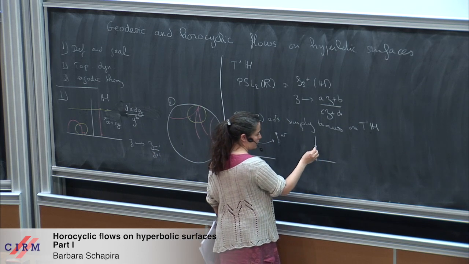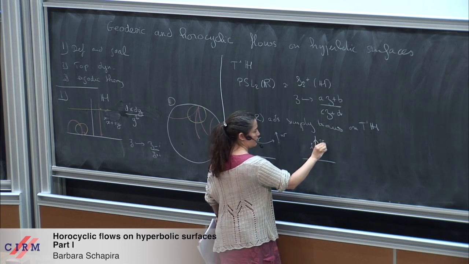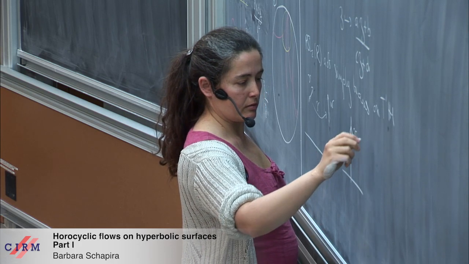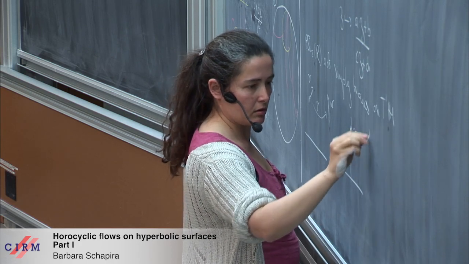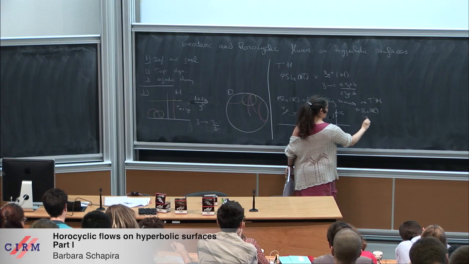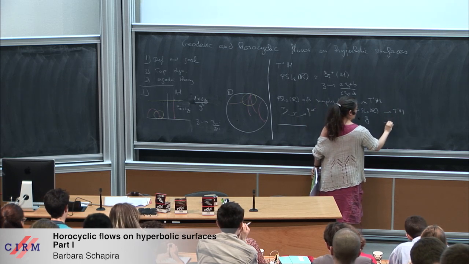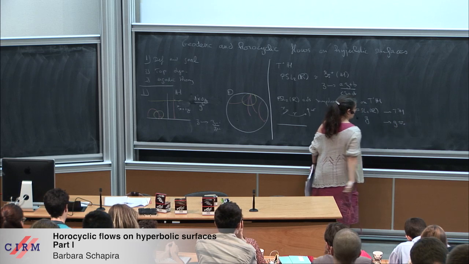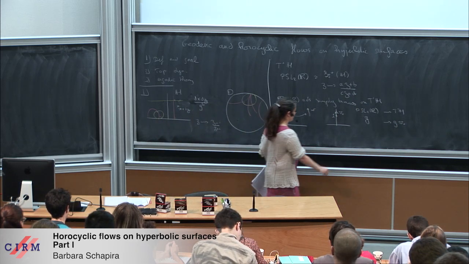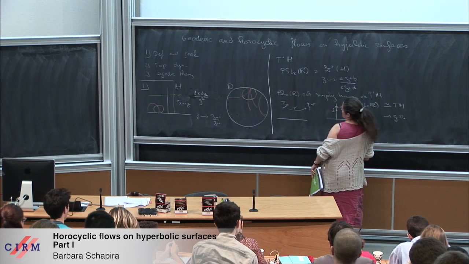The classical way: take the point i and the unit vertical vector that I will call V0, and if you have an element G in PSL2R, you associate to it G times V0. This allows the identification between the two spaces.